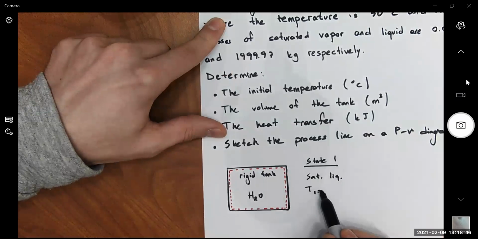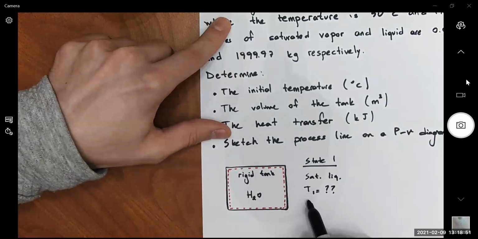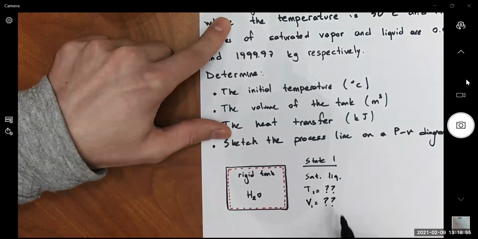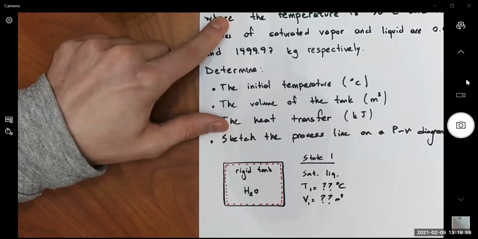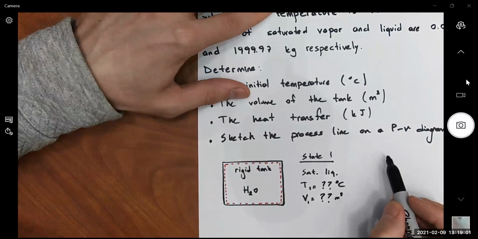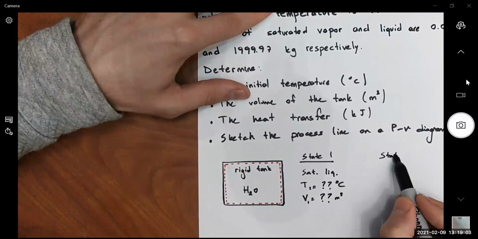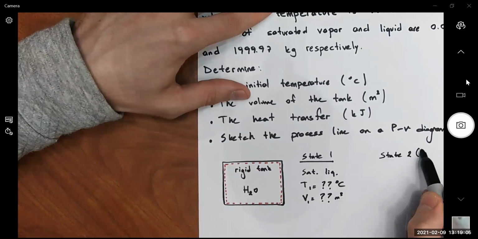Temperature, mass, and volume at state one, in meters cubed, in Celsius, mass, right? The final state or state two, you can call it either.